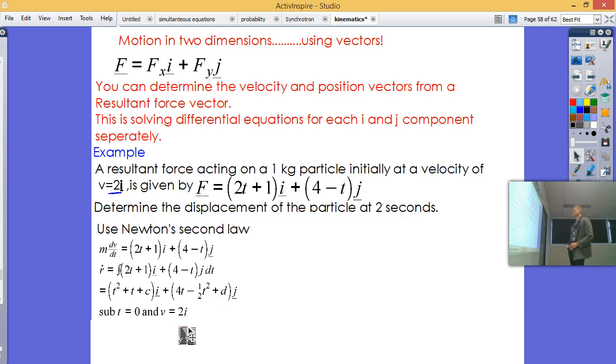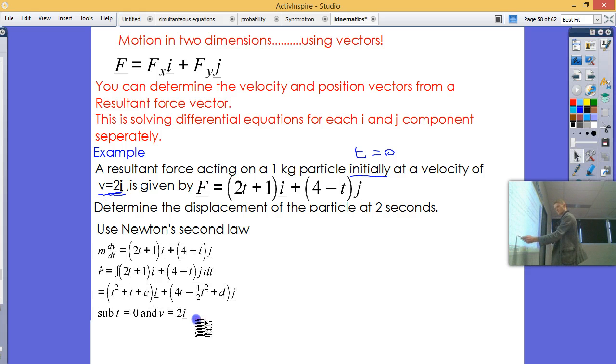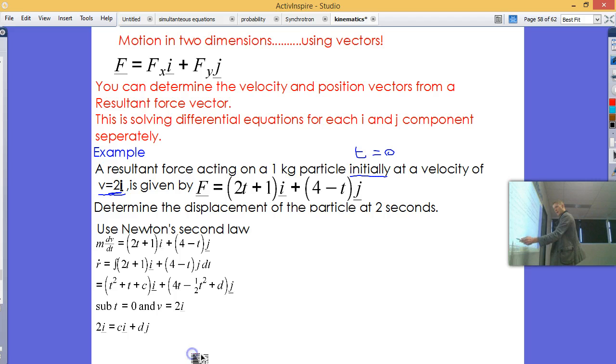Using our information, when initially at rest, which means t equals 0, our velocity is given by this vector. And when we substitute that in, all my t's will go to 0, and I'll have my vector equal to cI and dj.